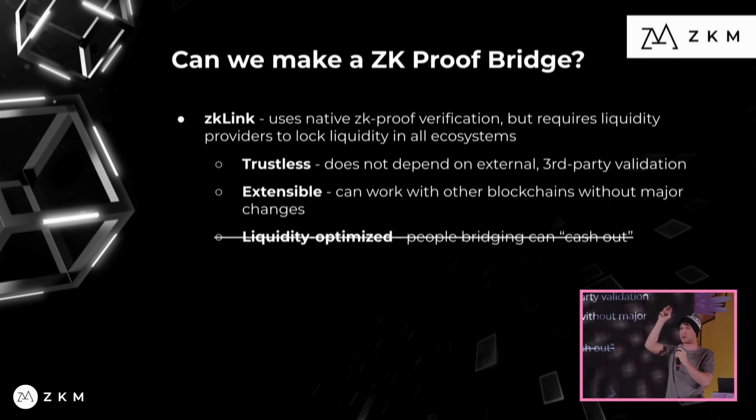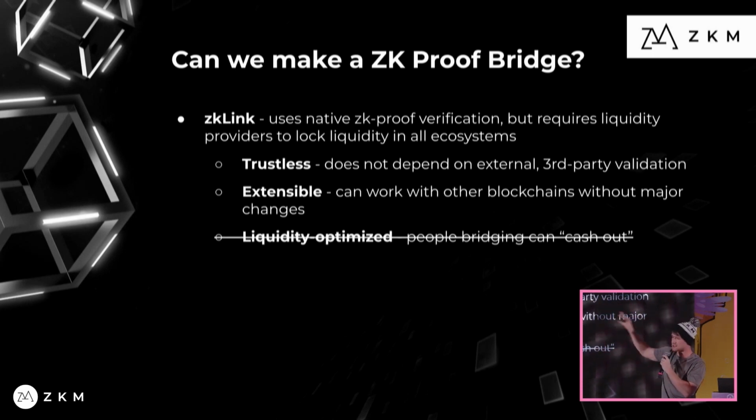The way that they do it is that they have multiple different proofs synced across the different networks. But in order to facilitate a transfer from one network to the other, I need to deposit liquidity into that bridge. So it runs into the same problem as IBC does, where I need a lot of people to adopt liquidity across a lot of different types of bridges in order for me to actually reliably withdraw to that specific network.